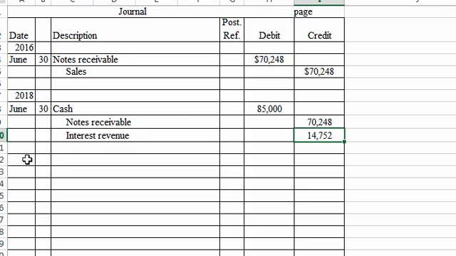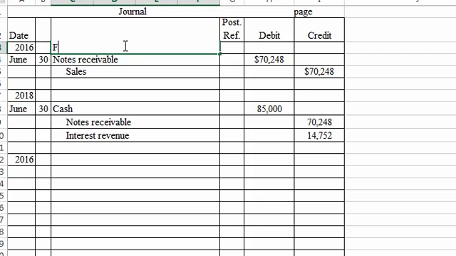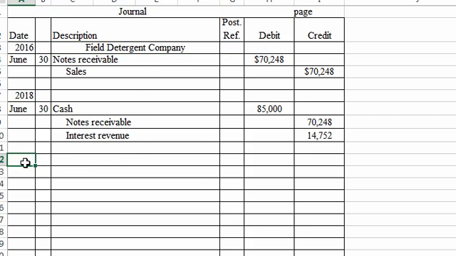We could also look at the entries for Able Company. Let's come here and make entries for Able Company.